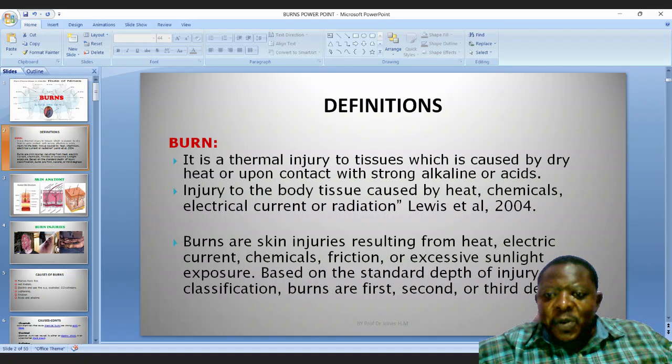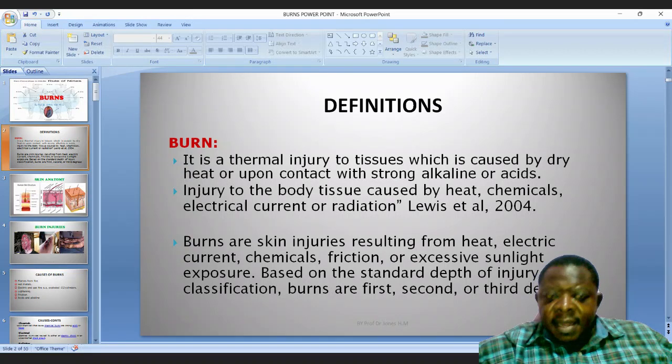Burns may result from heat, electrical current, chemicals, and now in the last definition, we are adding two elements that may also result in burn injury. That is friction and also exposure to excessive sunlight.